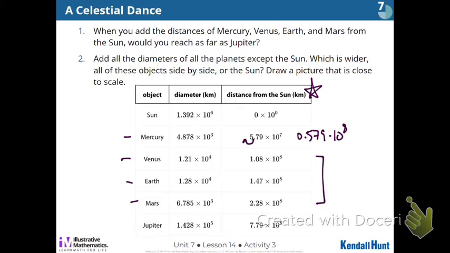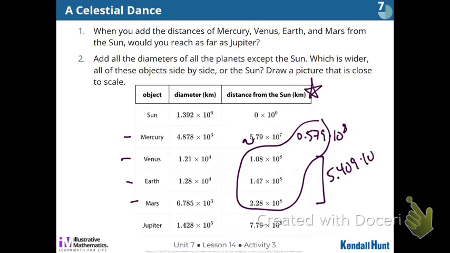Because I have this many factors of 10 to the 8th, this many, this many, this many, this many. So did somebody add up all of the first numbers here for me? It was 5.409 times 10 to the 8th.